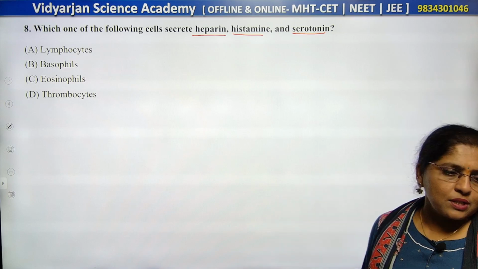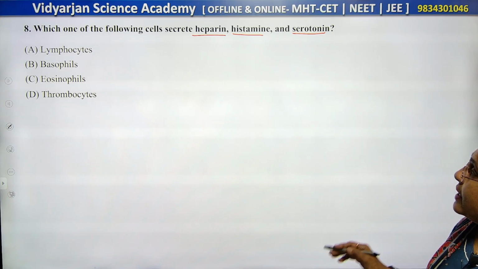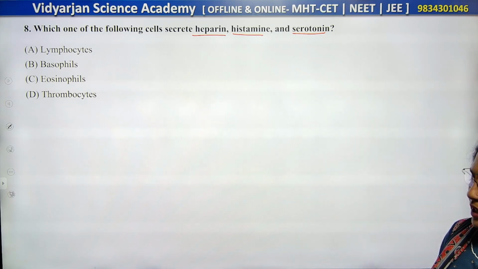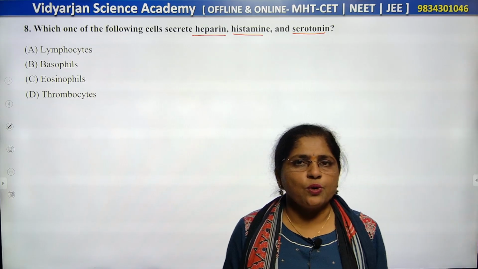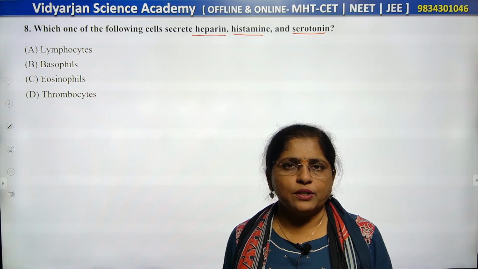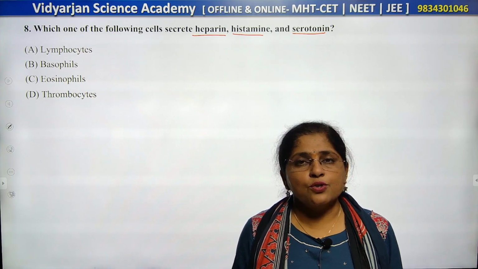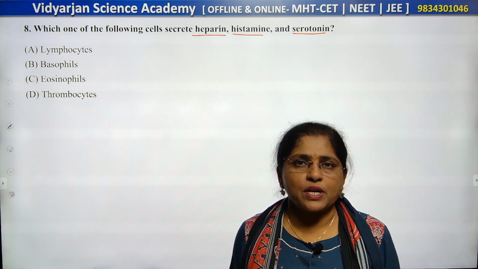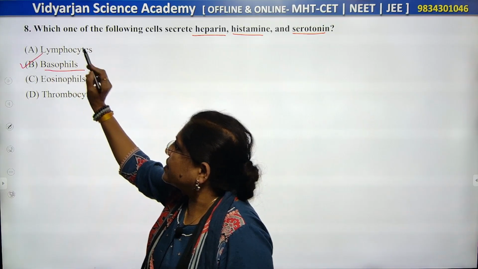So for this you should know the chart of your blood composition perfectly, and be able to find out all the functions. So your answer here is basophils.